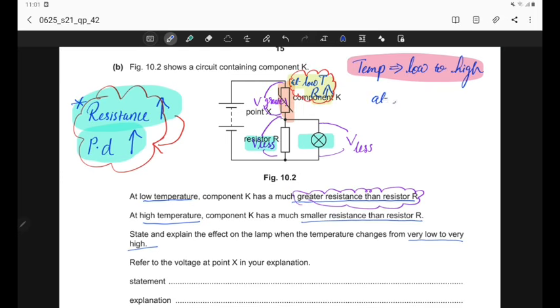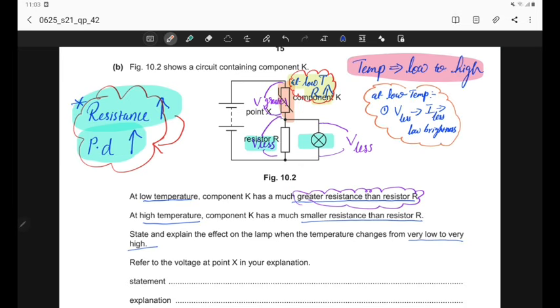Therefore, at low temperature, we can conclude that as the voltage across the lamp is less, the current in the lamp will be less, and therefore the brightness of the lamp will be less. So this is what happens when the temperature is low.